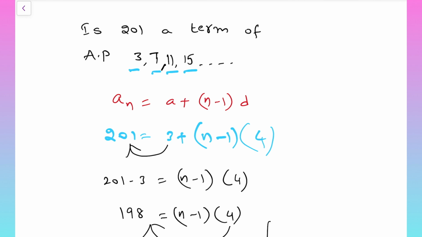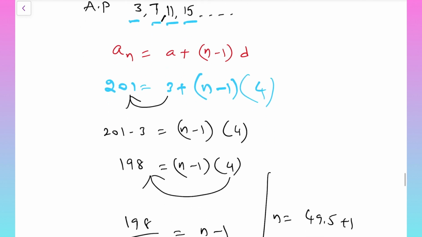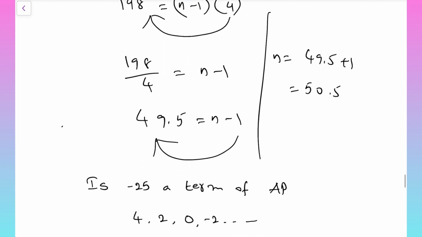So always the number of terms will be a natural number only. But here if you observe, the N value is some decimal, so N value is not a natural number, so 201 is not a term in the given arithmetic progression. N does not belong to natural numbers, so that is the reason 201 is not a term in the given arithmetic progression.